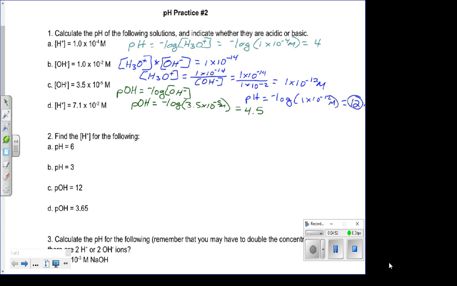But again, that's pOH. And from that, we know that pH plus pOH would equal 14. So pH would equal 14 minus the pOH.